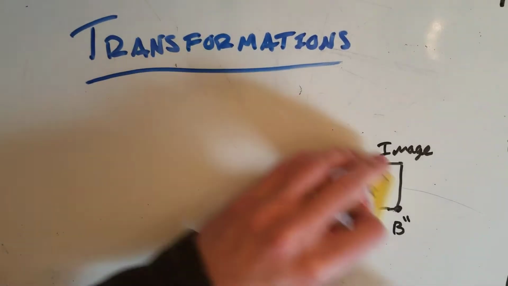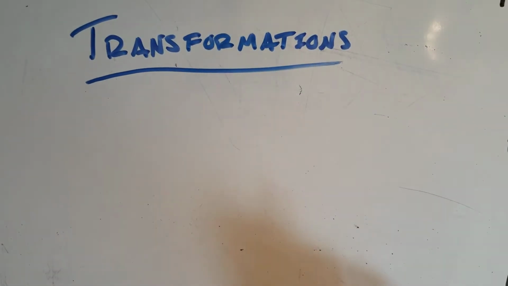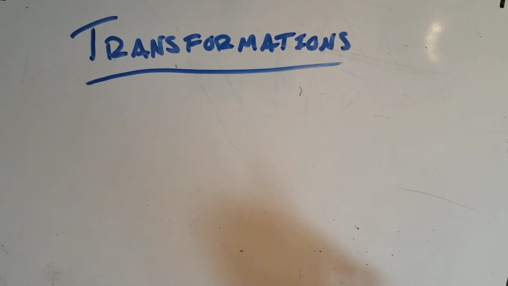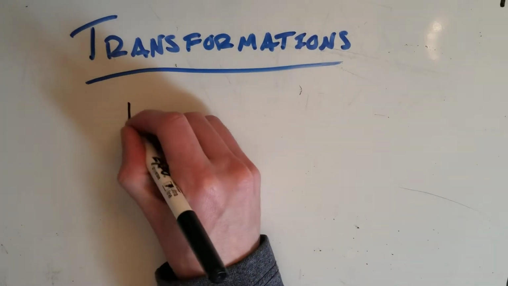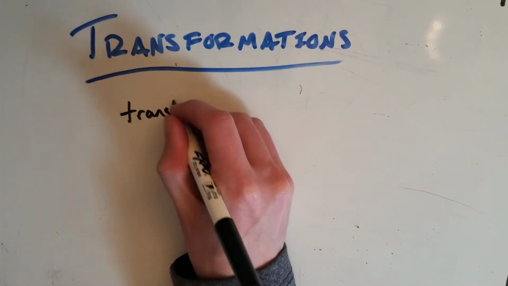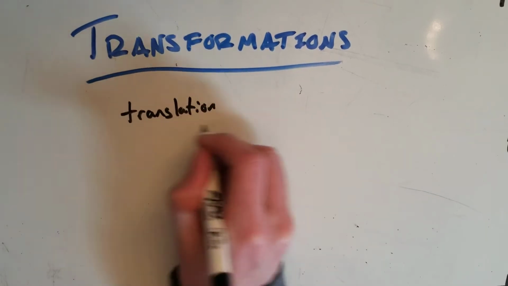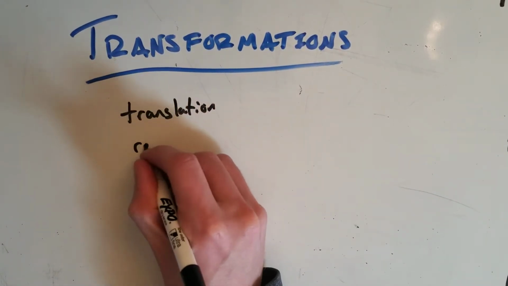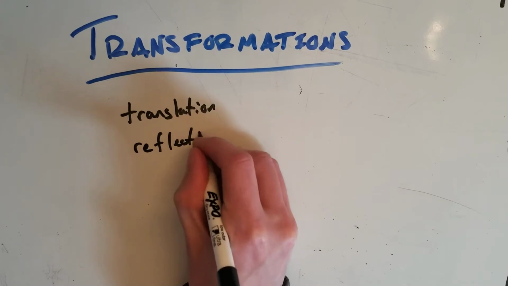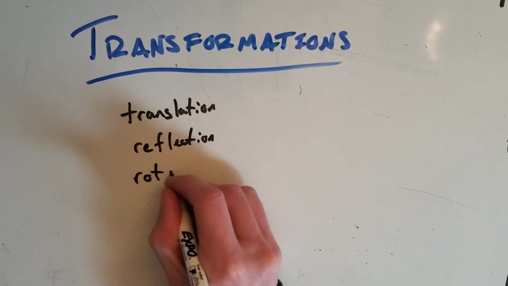That'll be important. With transformations, we're going to focus on 4 of them, but first we're going to focus on a certain 3. There are 3 transformations that have a special property. One of them is a translation, and we're going to talk about those today. We also have reflections and rotations.